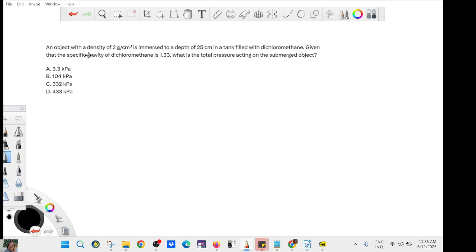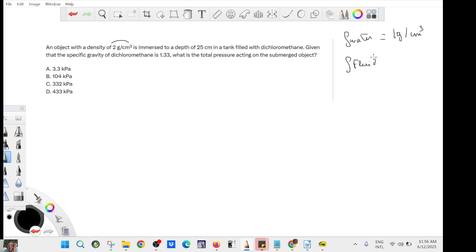So first of all, it says the density is 2 grams per cubic centimeter. So specific density is 2, because the density of water is 1 gram per cubic centimeter. So that means the density here is twice the density of water. And the density of that fluid is 1.33.